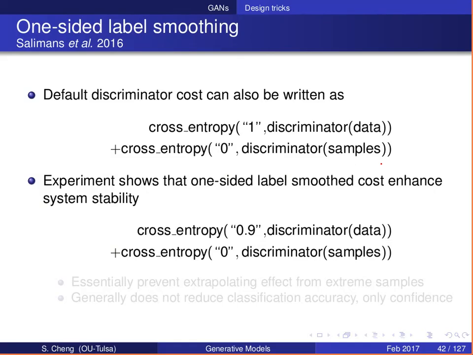And some experiments show that we can get better stability, enhance the system stability, if we smooth this cost function a little bit, in the sense that instead of being very confident that the label for the true data is exactly true, we'll say it's actually 0.9 probability that the data is true.